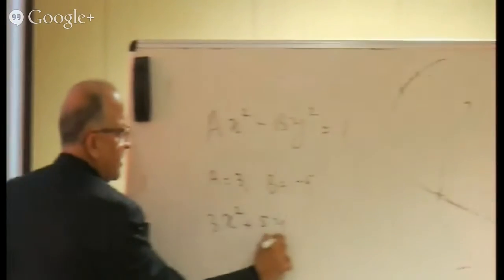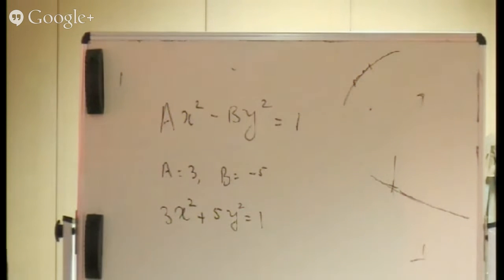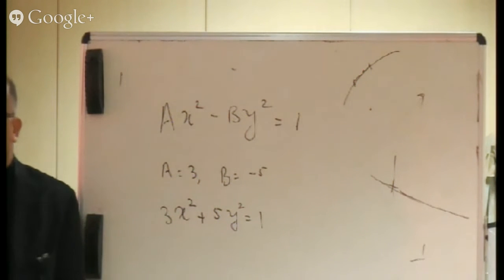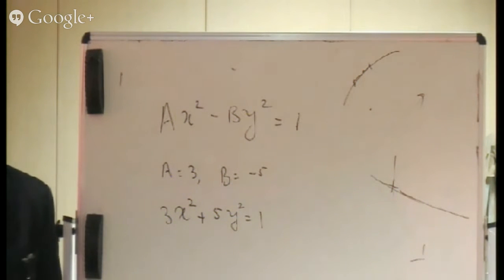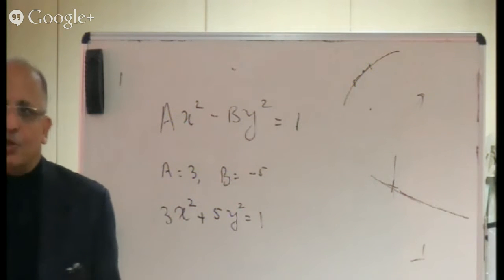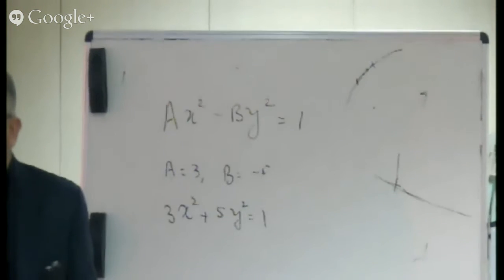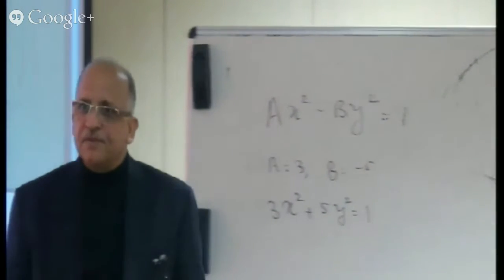What it becomes? 3x square plus 5y square equal to 1. What is this? Is it a circle? Sure? It's not a circle. For a circle, the coefficient of x square and y square should be equal. They are not equal here. It is an ellipse.